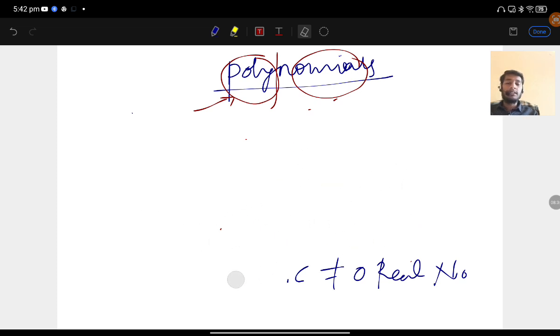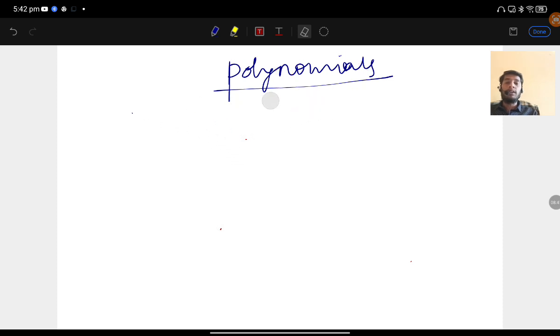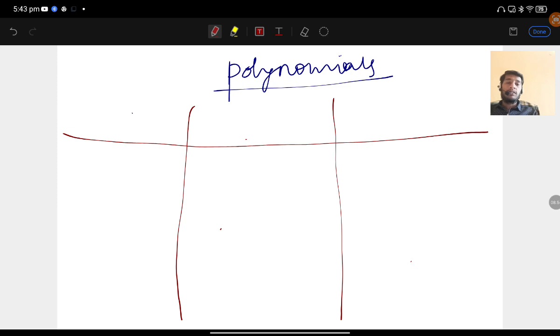Based on this, I will tell the types of polynomials. I will make three columns here: first, second, third.